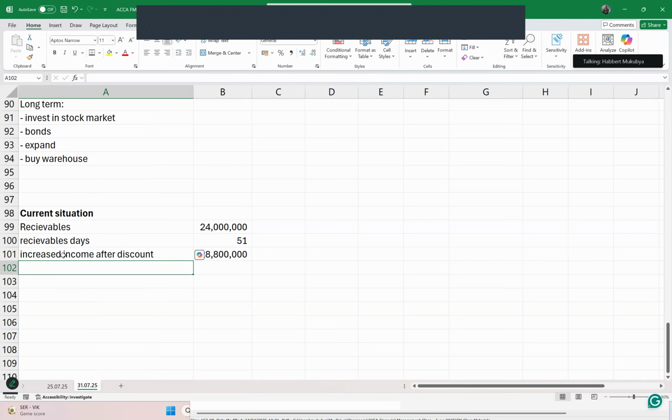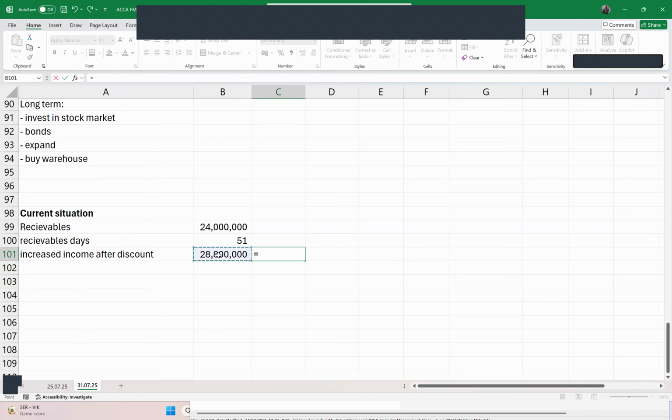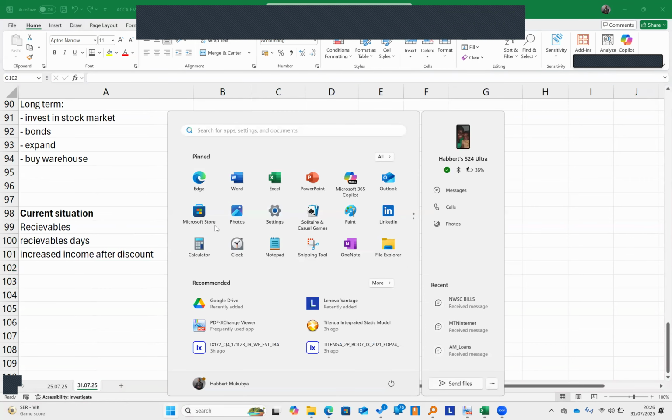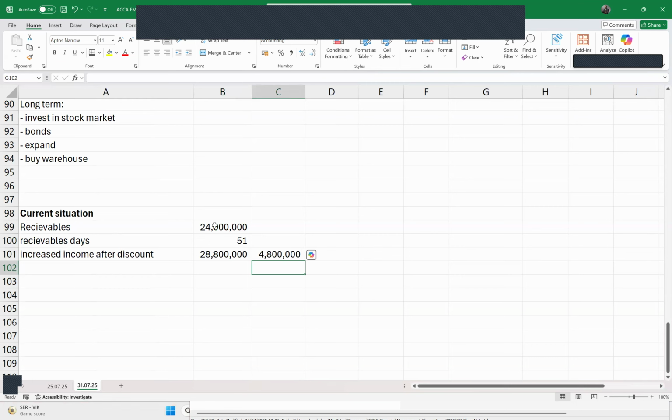So if you want to know the increase, you just subtract these two. So credit sales will increase by about 4.8.